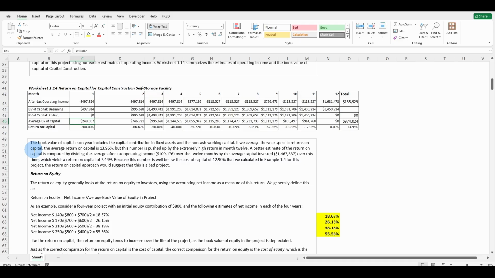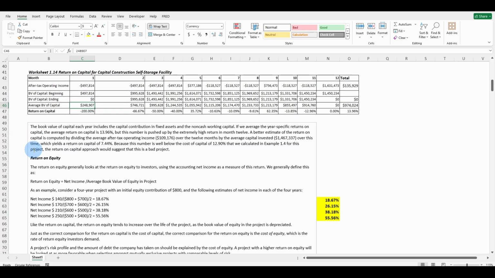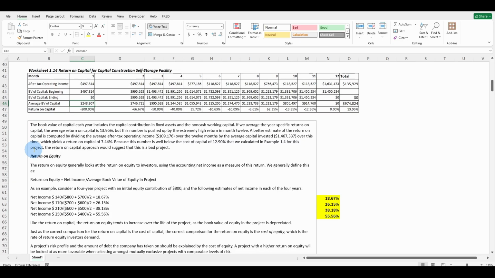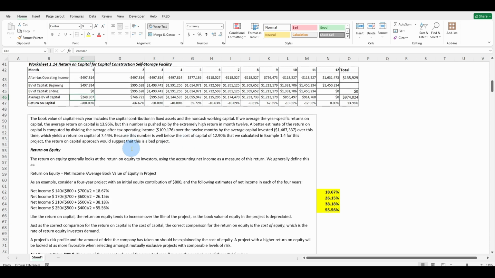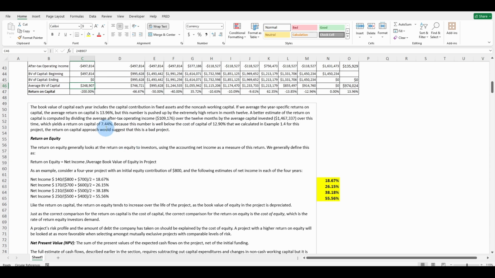The book value of capital each year includes the capital contribution in fixed assets and the non-cash working capital. If we average the year-specific returns on capital, the average return on capital is 13.96 right here. But this number is pushed up by the extremely high return in month 12.